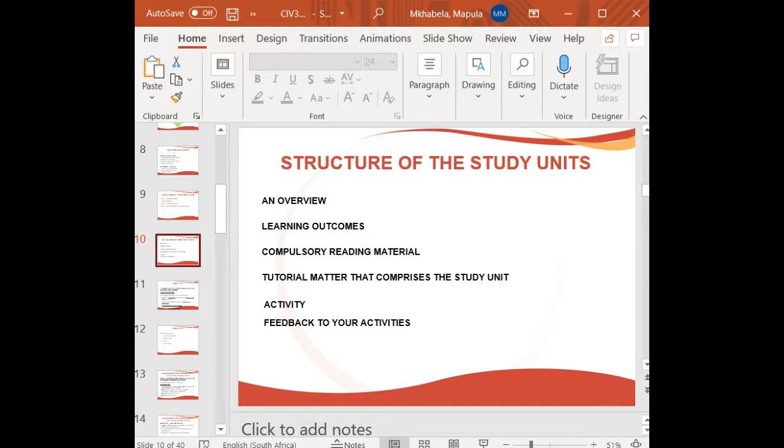The compulsory reading material section contains the extract references to the various rules of court or legislation that relate to a particular study unit, except for the pages to be studied in the textbook.